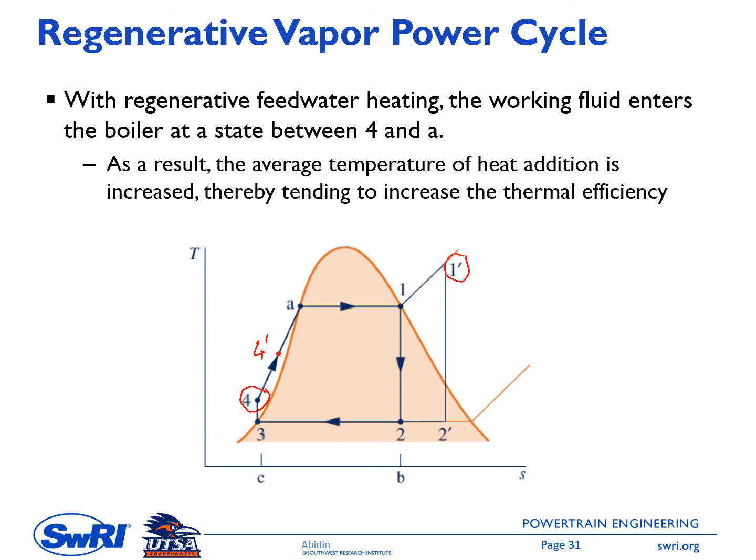Without feedwater heating, the average temperature TH is between point 4 and 1 prime. Once again, the Carnot efficiency for this Rankine cycle is 1 minus Tc over Th. So if Th increases, the thermal efficiency also increases, thereby tending to increase the thermal efficiency.